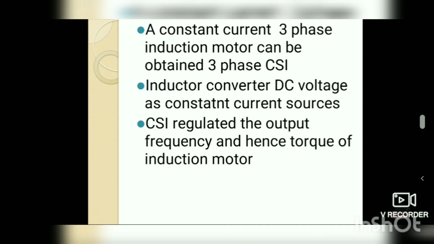A constant current to a three-phase induction motor can be obtained from a three-phase CSI. The converter provides DC voltage and a constant current source. The CSI regulates the output voltage and output frequency, and hence the torque of the induction motor.